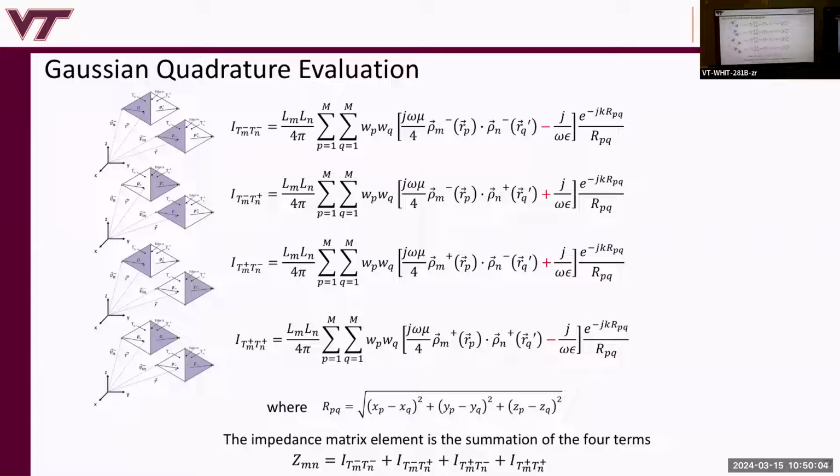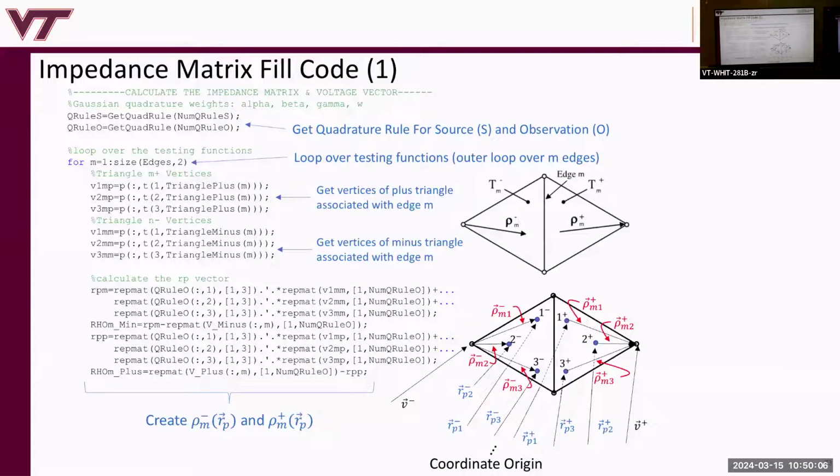Okay, good. So here's some code to do that. First we have a basis function shown here. It's the nth edge, for example. And here I'm showing a figure that has the free vertex vector coming from some coordinate origin off in the distance. We have the minus vertex and the plus vertex.